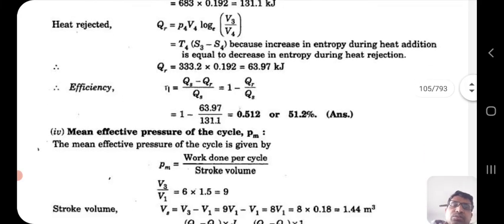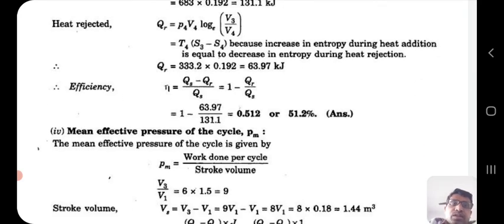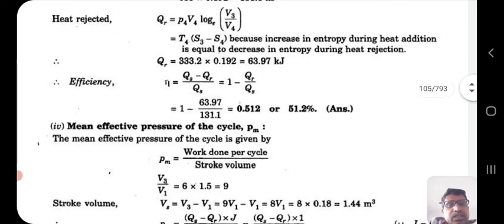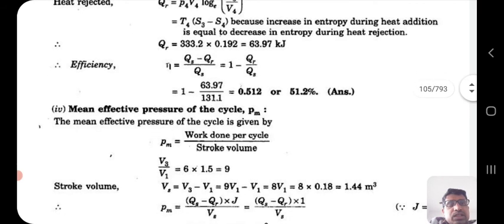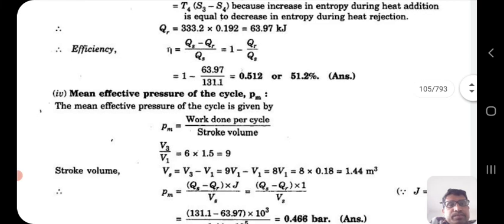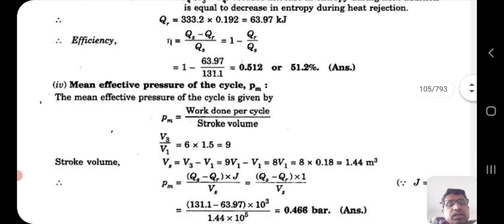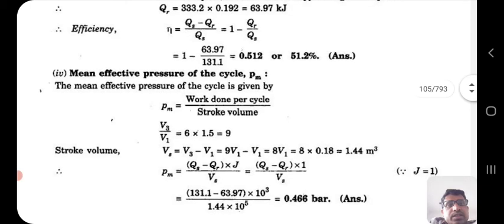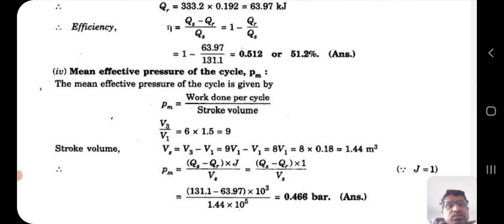Heat rejected QR is P4 V4 ln V3 by V4, that is T4 (S3 minus S4). Because the increase in entropy during heat addition is equal to the decrease in entropy during heat rejection, QR is equal to 333.2 into 0.192, 63.97 kilojoule.